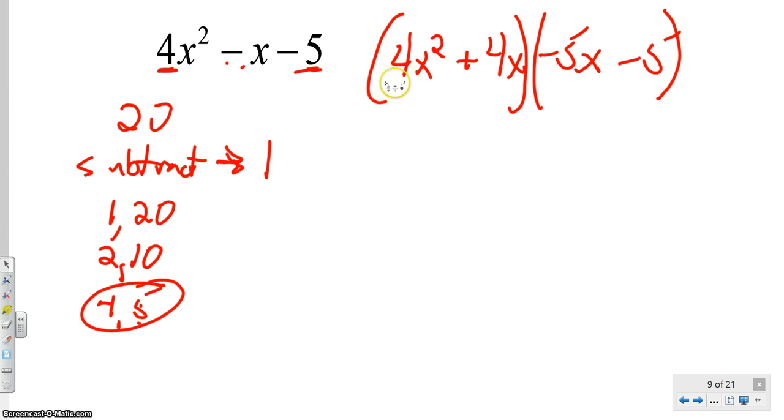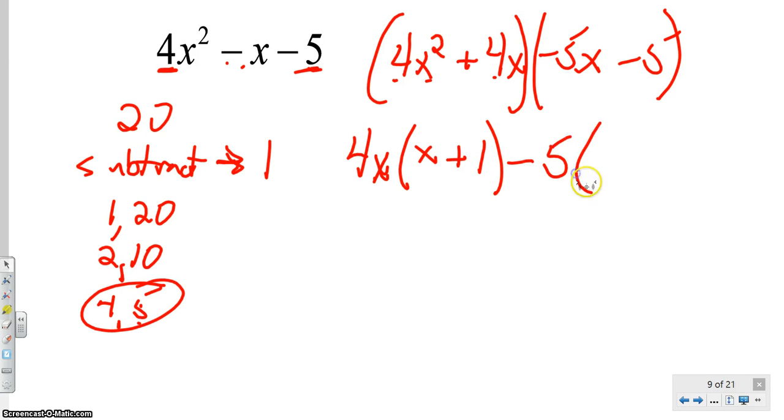All right, so I can factor out a 4 and an x. So it gives me x plus 1. Here I can factor out negative 5 and get x plus 1.